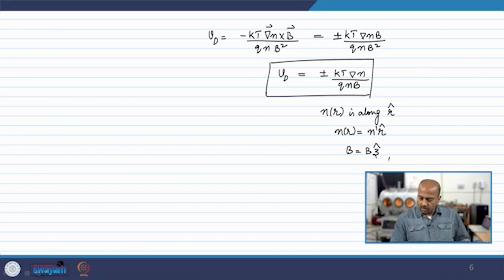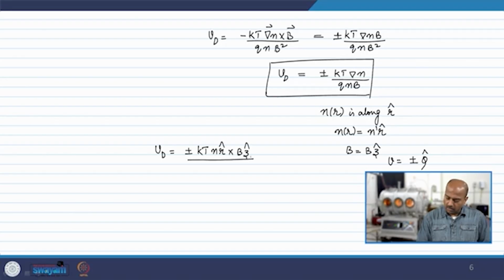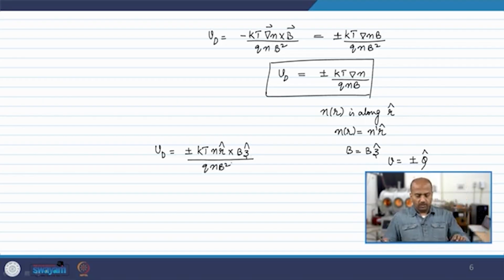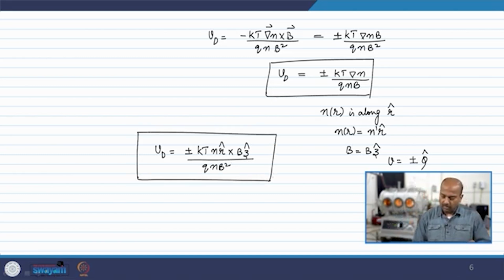The velocity, since it is a cross product of these two, should be plus minus along phi cap. So, using these directions in the diamagnetic drift velocity, we can write V_d is plus minus k T n r cap cross B z cap divided by q n B squared, right. So, this is another way of writing the diamagnetic drift velocity.